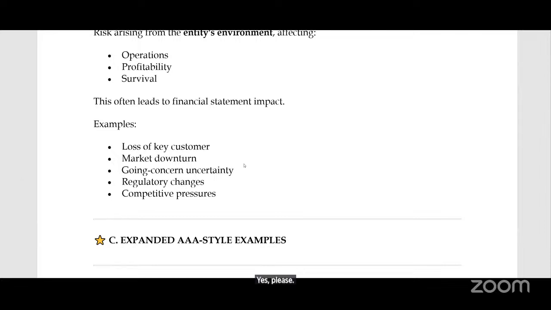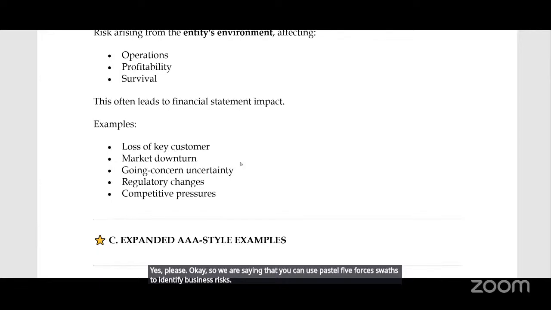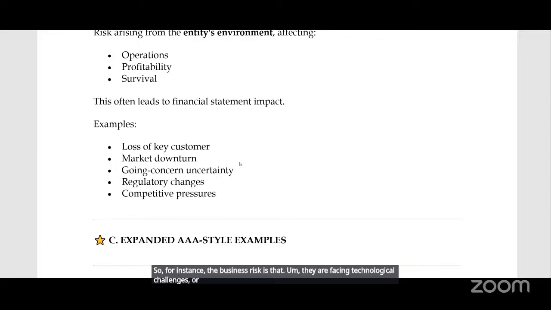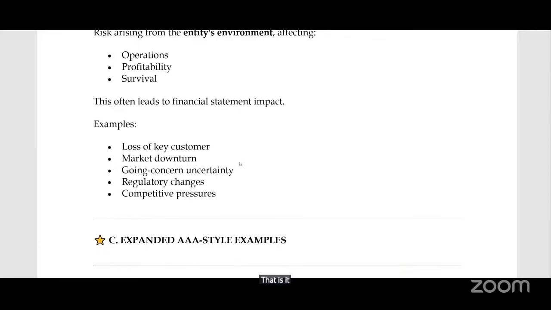Okay, so we are saying that you can use PESTEL, Five Forces, SWOT to identify business risks, and business risks usually have a financial statement implication. So, for instance, the business risk is that they are facing technological challenges or inventory obsolescence. But this business risk has a financial statement implication.